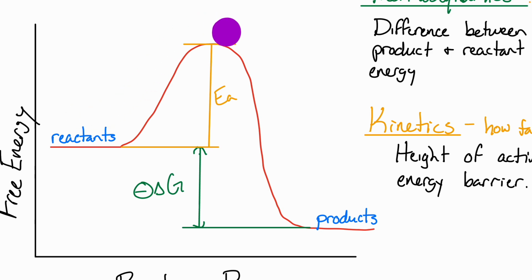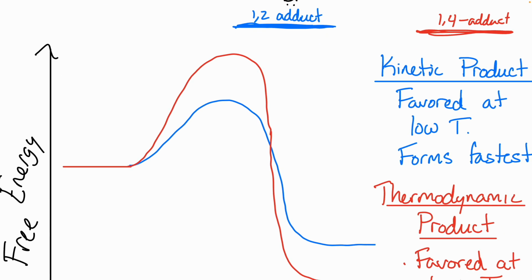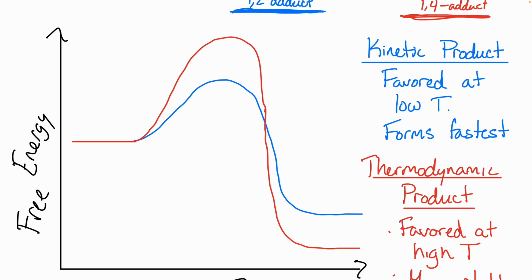And it's trying to jump over that activation energy barrier. Well, just how much jumping power it has depends on the temperature of that reaction. So a really cold reaction, this thing can't quite get over. The more thermal energy it has, all of a sudden then it can make it over that barrier. So for a cold reaction here, it's going to favor which one of these has the lower activation energy barrier.